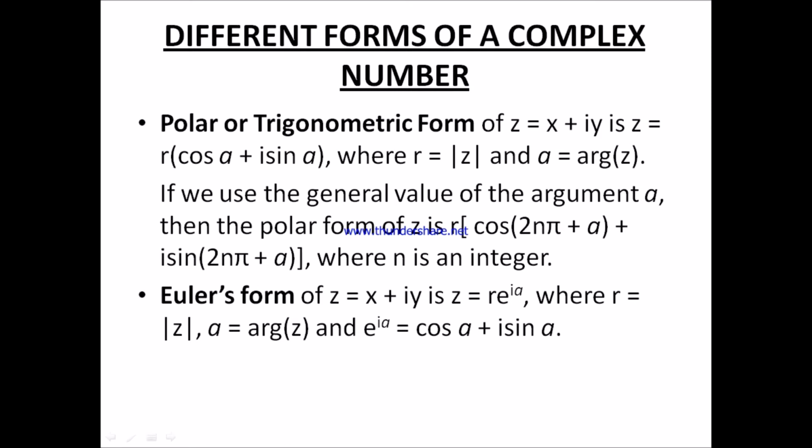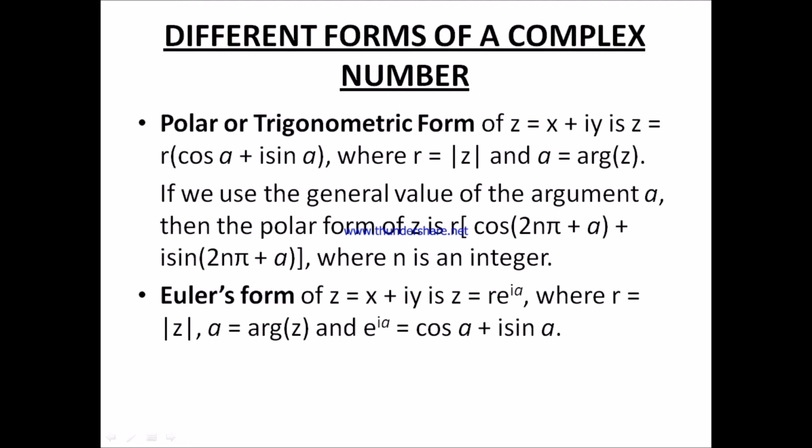If Z is equal to x plus iy, then Z can also be represented as r into cos alpha plus i into sine alpha. This alpha is the argument of Z, and r is the modulus of Z. This is how we can write the polar trigonometric form of Z.